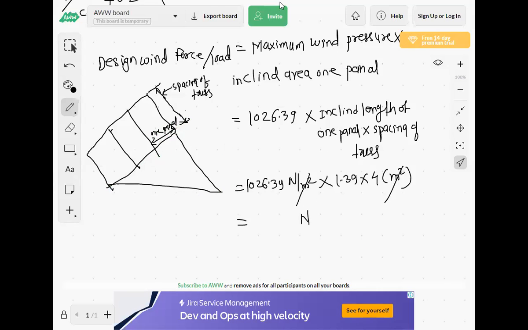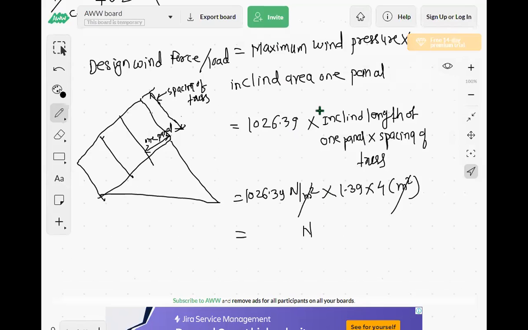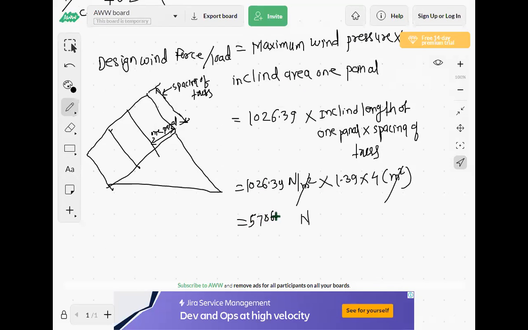How much answer? 5706.72. 5706.72 Newton is the total wind force coming on the one panel.